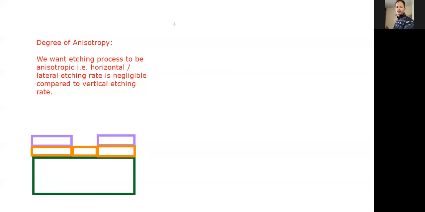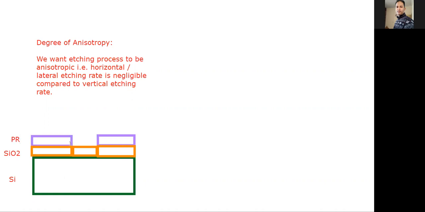Okay, maybe I will just write the names of these layers. Here we have silicon. Above silicon we have SiO2 oxide, and above SiO2 then we have photoresist.